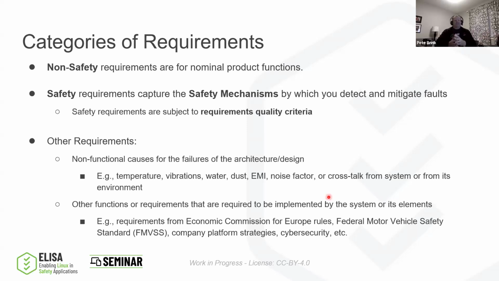In the US, we have the Federal Motor Vehicle Safety Standard, or FMVSS, which describes a whole bunch of different things that constrain the developers of a vehicle and say that there are things that you must do. For instance, now all cars must have backup cameras. And very soon, there's going to be a new FMVSS that all cars must have automatic emergency braking. So this is one of the ways that regulations create jobs.